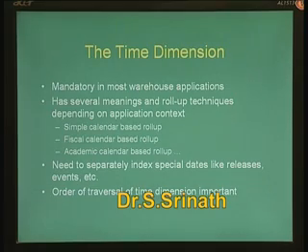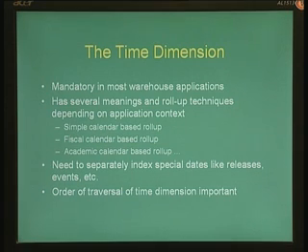When we are designing a data warehouse, there is a very important dimension called the time dimension, which probably needs to be addressed separately, and that is why there is a separate slide on the time dimension, because there are certain properties of time which other dimensions may not really hold.